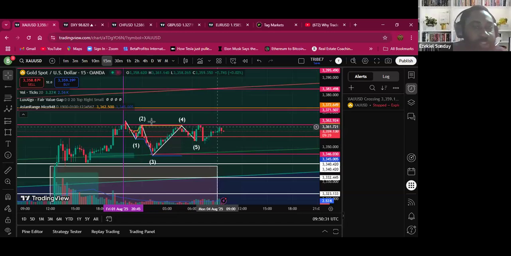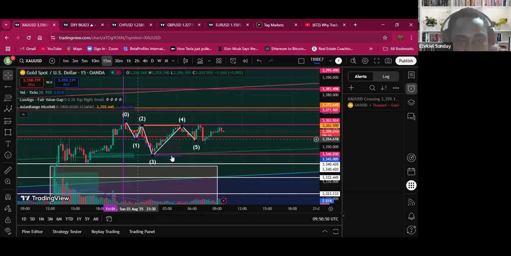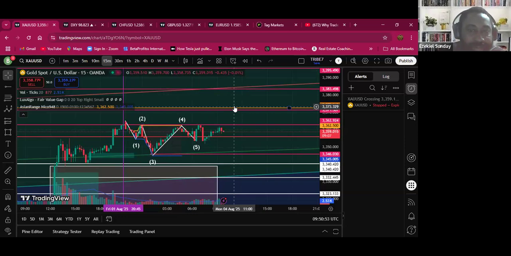All right, it's just been struggling to break this Asian range. The market is ranging, so if you're not really conversant with your analysis, this ranging market is not good for you to trade. You just need it to come out of this blue and this gold, so that you can understand the direction very well.